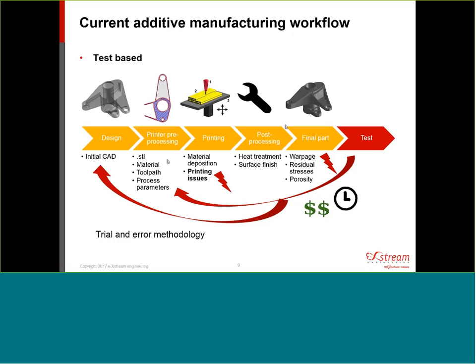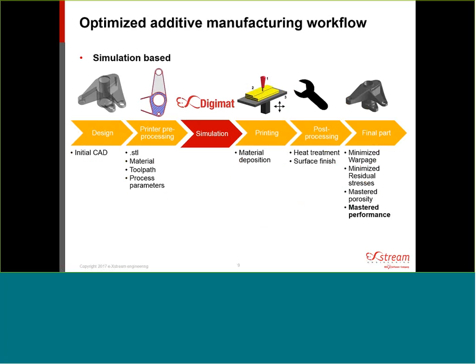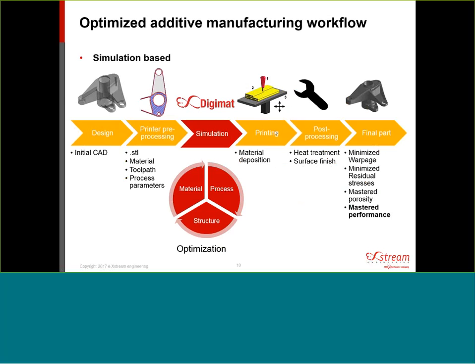Obviously this is not highly efficient, and what we want to do with Digimat and simulation is to optimize this additive manufacturing workflow by inserting simulation prior to the actual printing, so that all the trial and errors that are done experimentally or in the lab today are actually done through simulation.